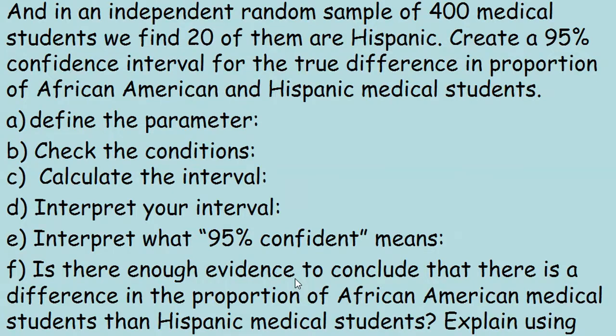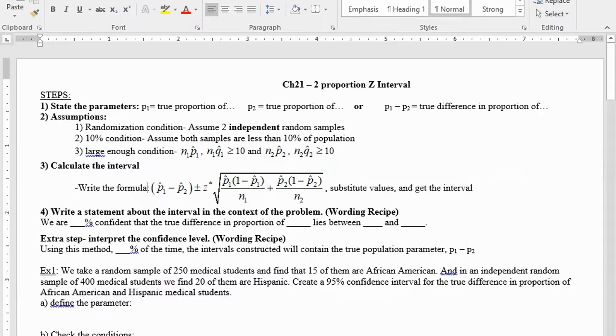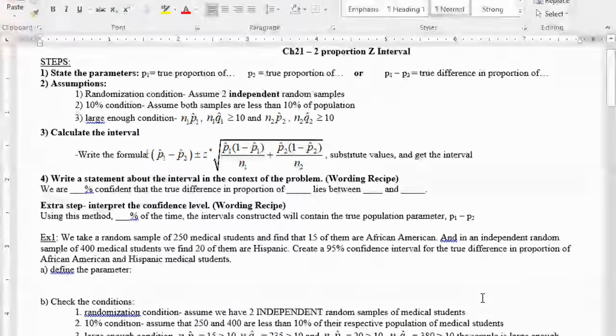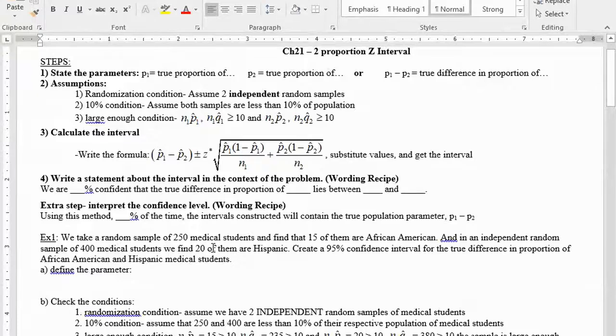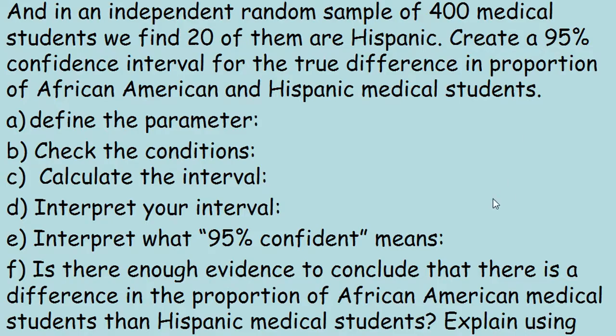So get your calculators ready, get a pencil ready. And again, these are on the notes that you need to download from Schoology, right here. Okay, so number 1, we take a sample of 250 medical students and find that 15 of them are African American. And then we do an independent random sample, so a separate sample of 400 medical students, and find 20 of them are Hispanic.